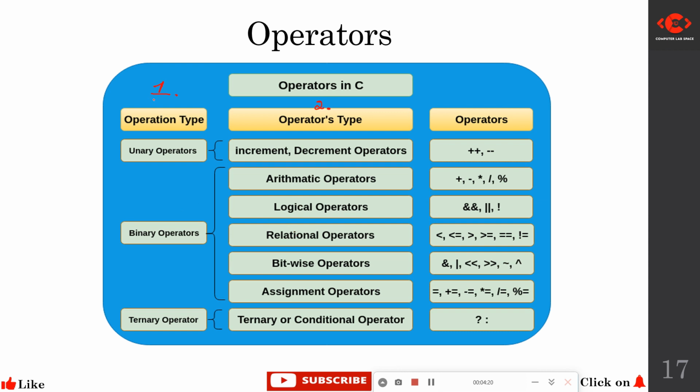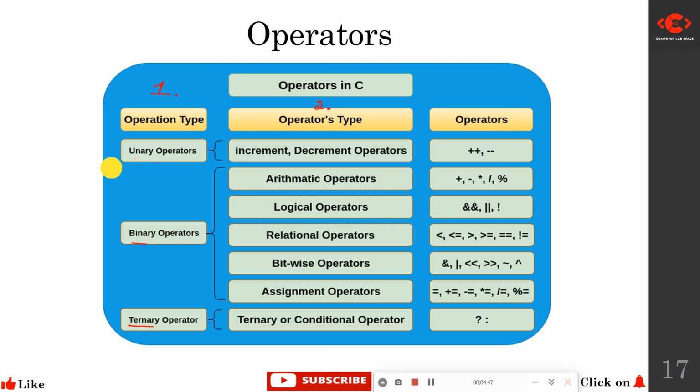Based on the operands, we have unary operators, binary operators, then ternary operators. As the name itself indicates, in unary operators the operator acts on only one operand.